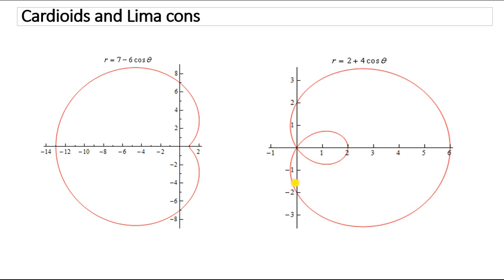Theta equals 3 pi over 2, and with theta equals 2 pi, r is 6. I connect between them by a curve with inner loop because a is less than b.